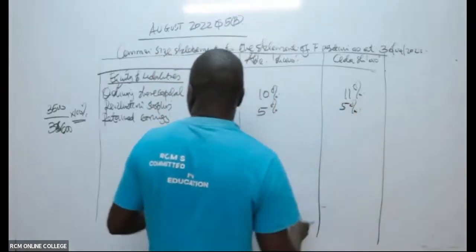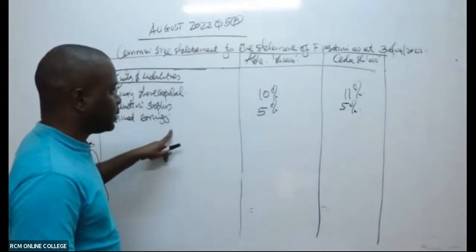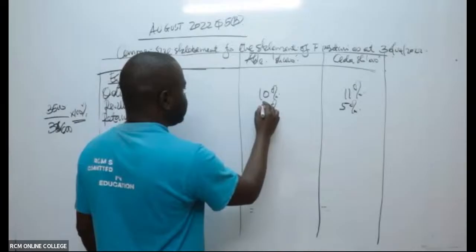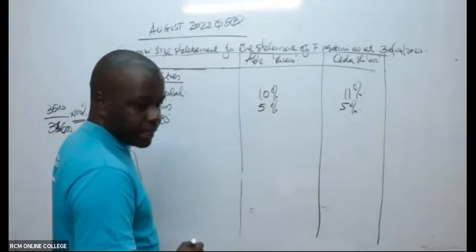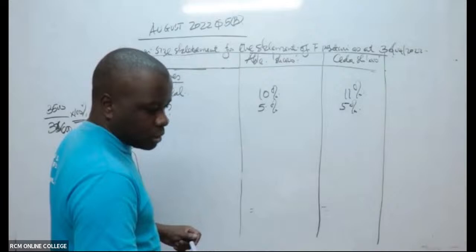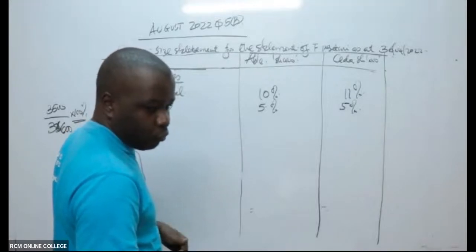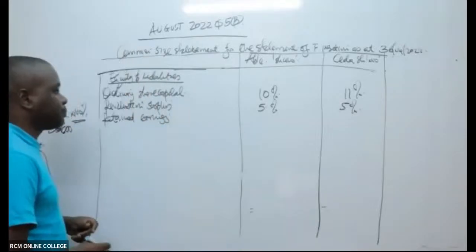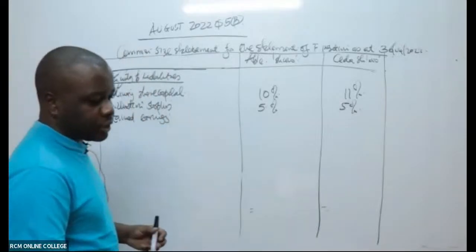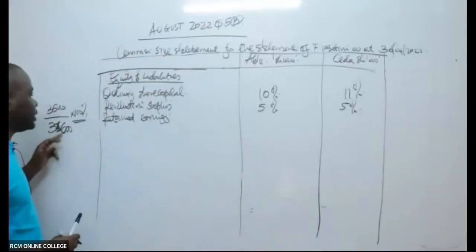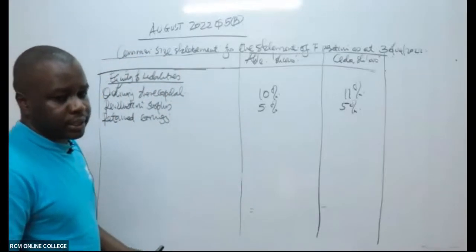So what about retained earnings? Retained earnings is 5.2. For retained earnings, you take the retained earnings figure, divide by 33,600, multiply by 100%.